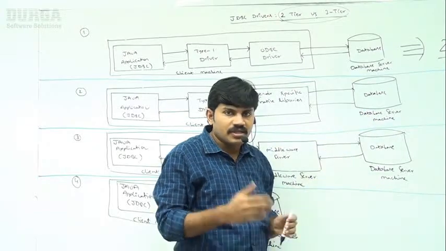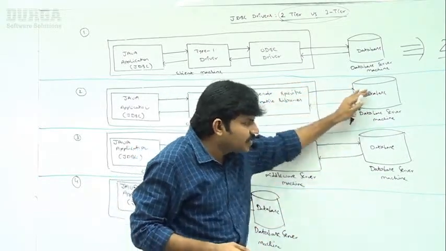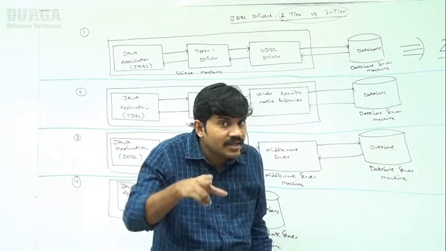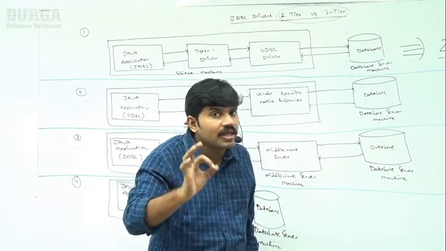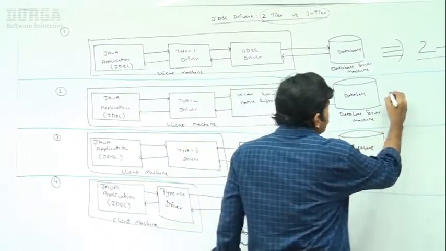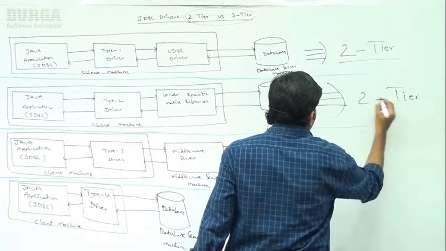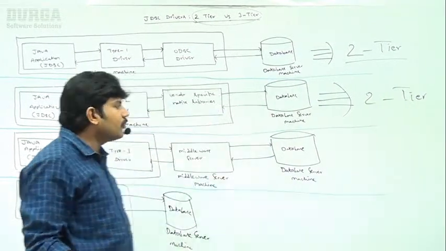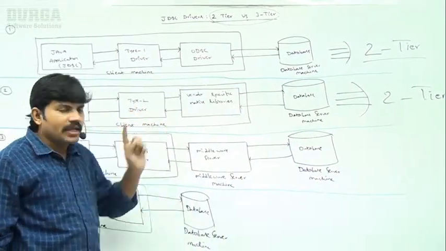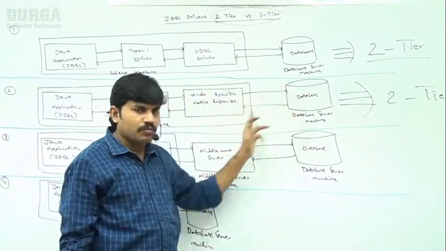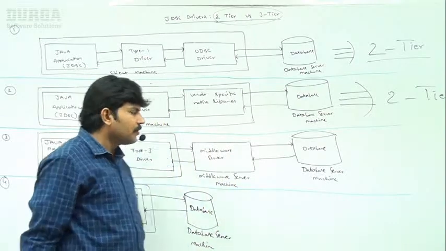Database server machine. Client tier, database tier. Or client machine, database machine. So, how many tiers are there for the type 2 driver? Once again, sir, it follows 2-tier architecture. Remember this one, sir. Type 2 driver also follows 2-tier architecture only, because max 2 levels, 2 tiers are possible, right?